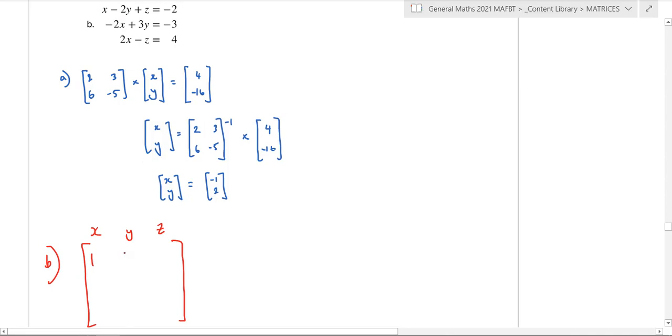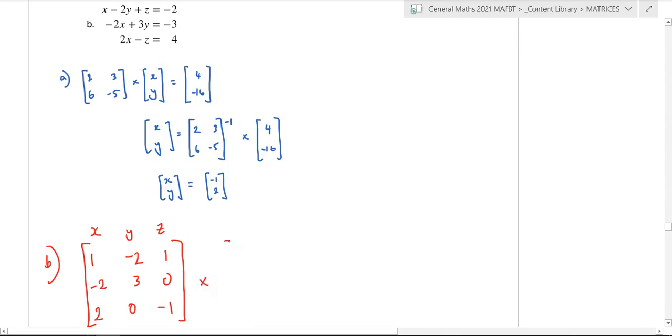For Y, there's -2. For Z, there's just 1. Second equation, there's -2 for X, 3 for Y, and there are no Z's in this equation, so 0. Third equation, there's 2 X's, I don't see any Y's, so 0, and there's a -Z, so -1 in front of that Z.